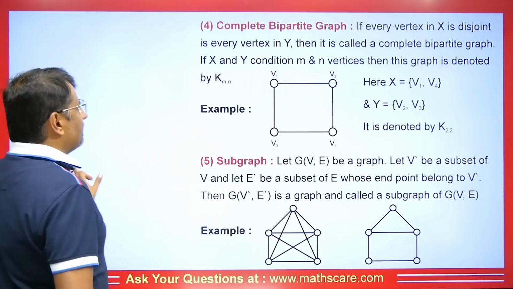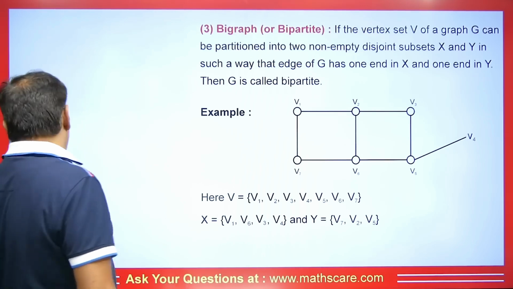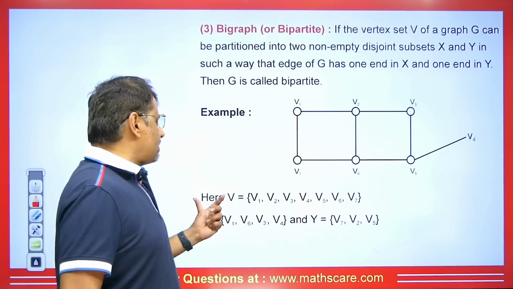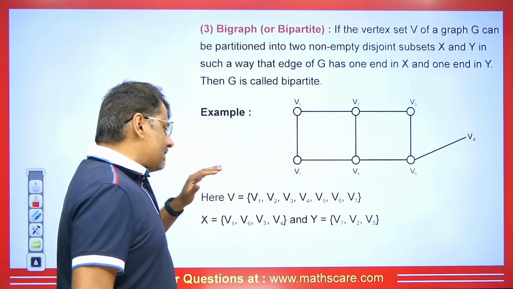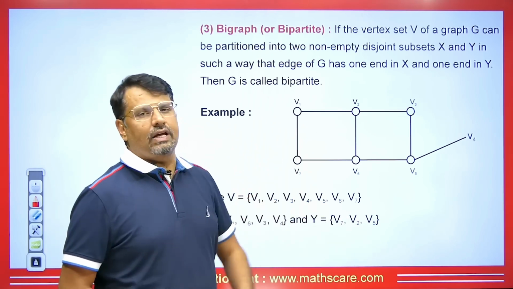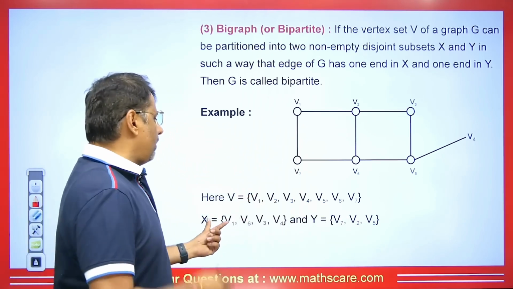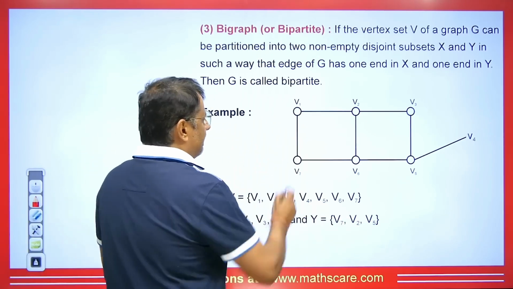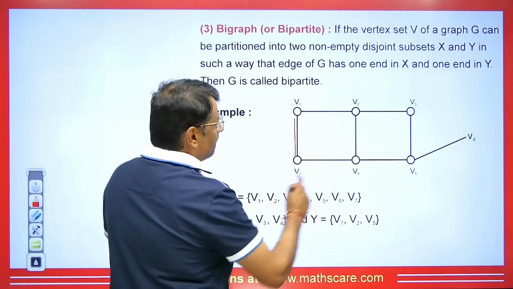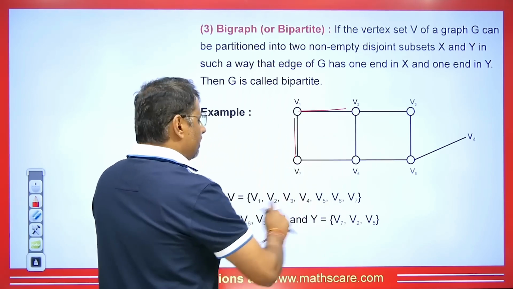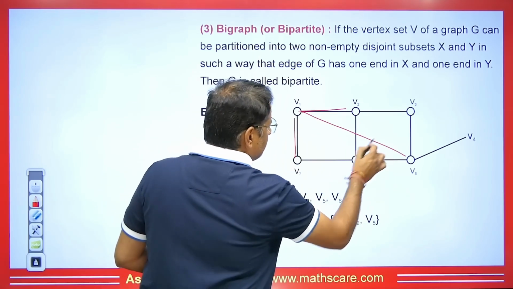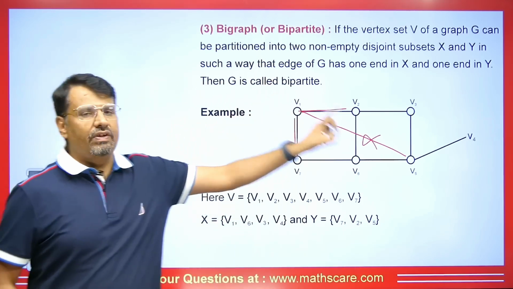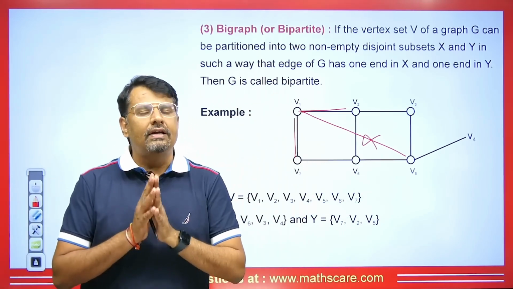About the graph that I told you, let's see this graph. Here this is X and this is Y. Then each vertex of this should be connected, like V1. Is V1 connected with V7? Yes, it is. Is V1 connected to V2? Yes. But is V1 connected to V5? No. There is no edge between V1 and V5, so this is not a complete bipartite graph.